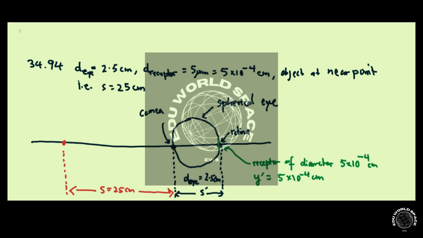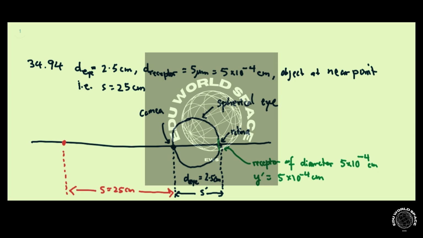We're also told that an object is placed at the near point, and we know from the textbook that that's about 25 centimeters. So that gives us our S. So already we know our S and S prime. And we're told that in the retina, there are these receptor cells, which are about 5 micrometers, and I converted it to centimeters.